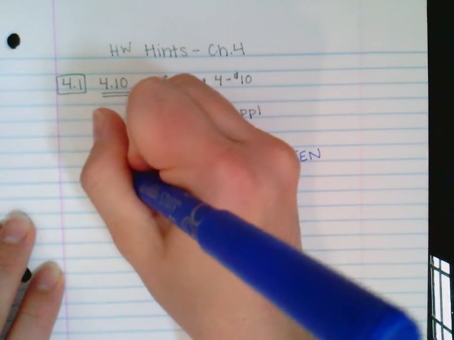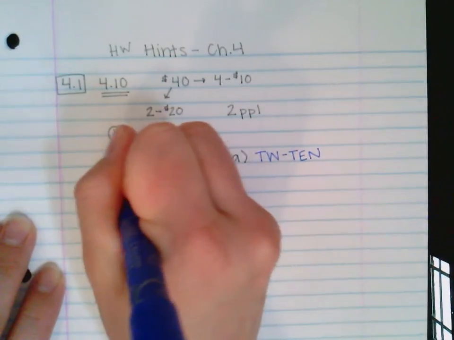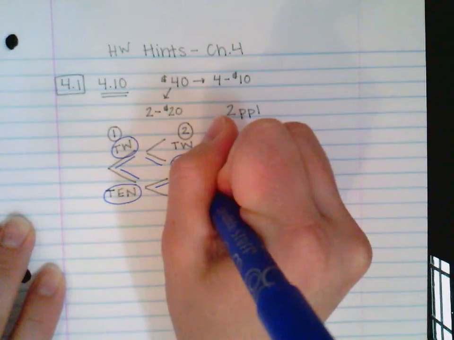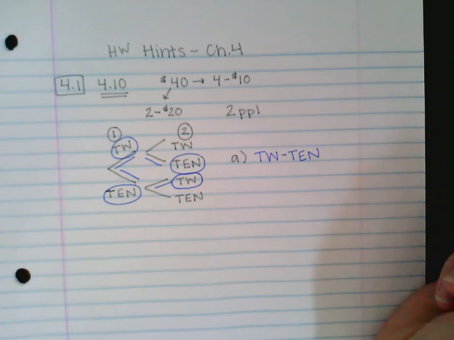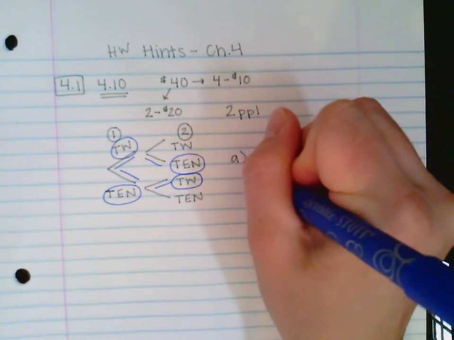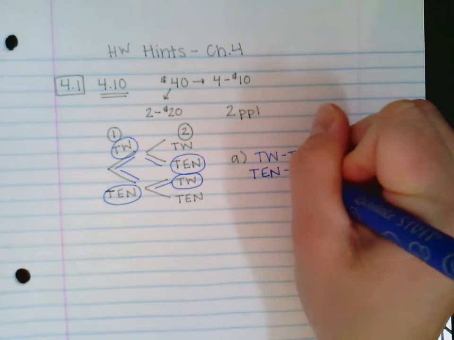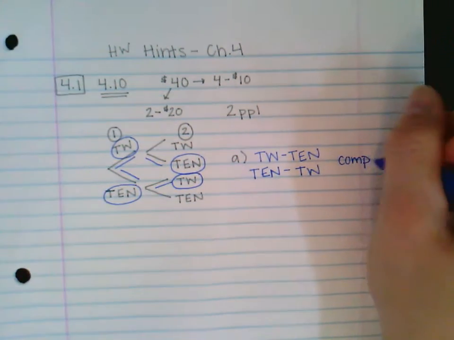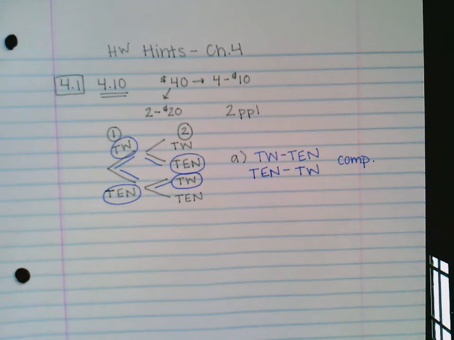And if the first person received the 10, then if exactly 1 person got the $20 outcome, it would have to be the second one. And because there are 2 different outcomes possible here, we're going to call that compound. If there's only 1 outcome, we're going to call that a simple outcome. But if there's more than 1 outcome possible, then we're going to call that compound. All right, so that's section 4.1.